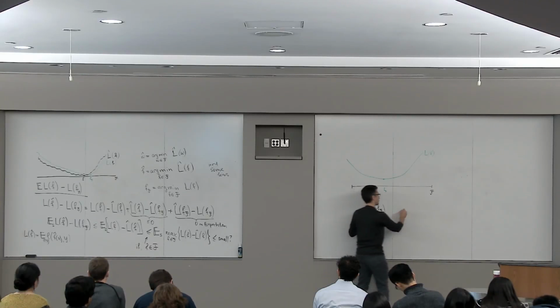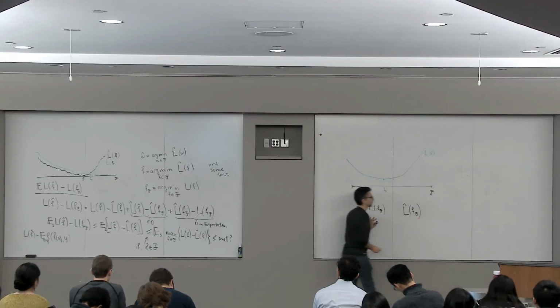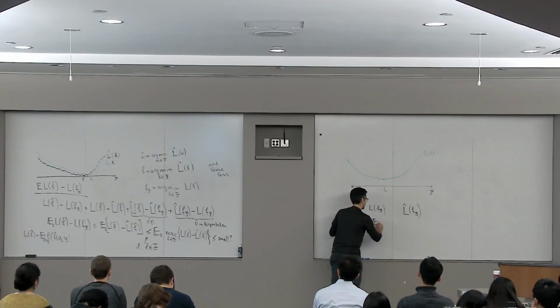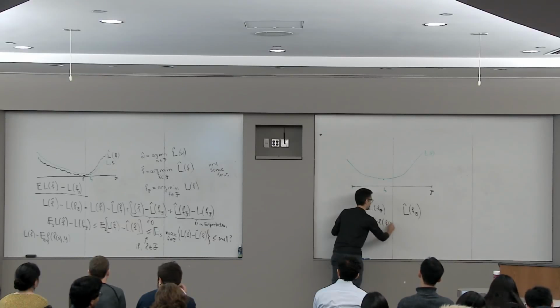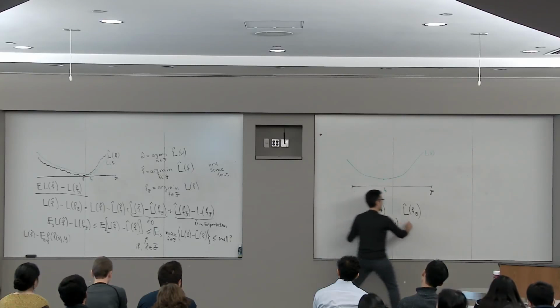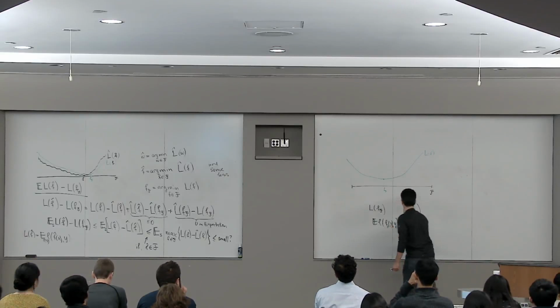And let me think of L hat of f sub F. So this is the expected loss of f of x on a new point y, and this is the empirical loss of f.